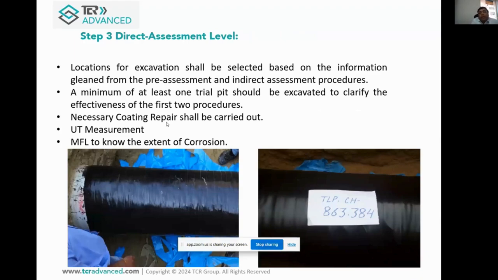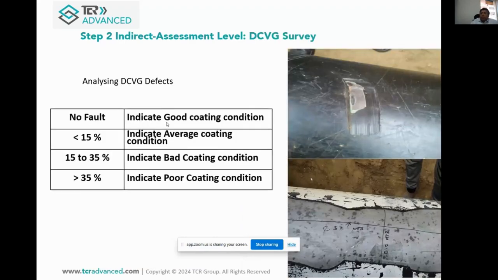So now step 3, direct assessment. When you know where the coating defects are, you do an excavation at those coating defect locations, and then you measure that excavated coating, as can be seen in your earlier photographs. You clean the pipelines, you measure the coating defect, you can measure your UT, you can check the penetrations, any corrosion happening or not.